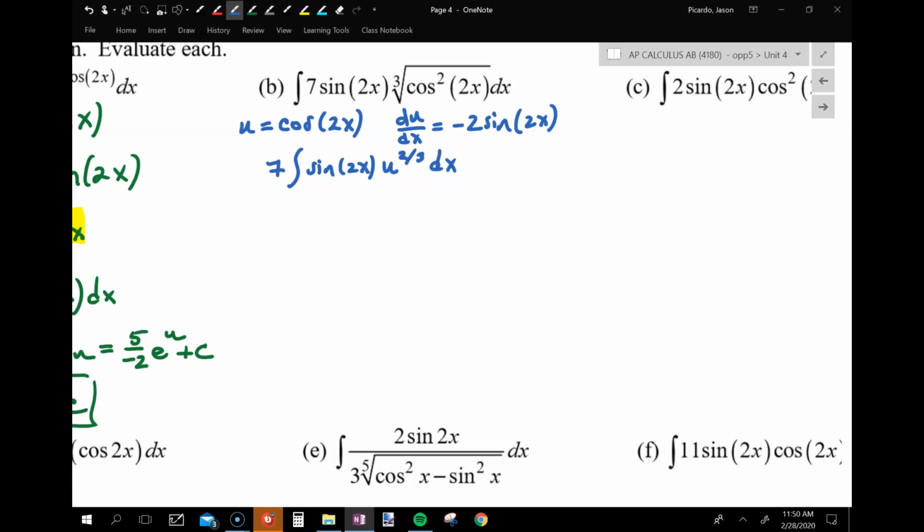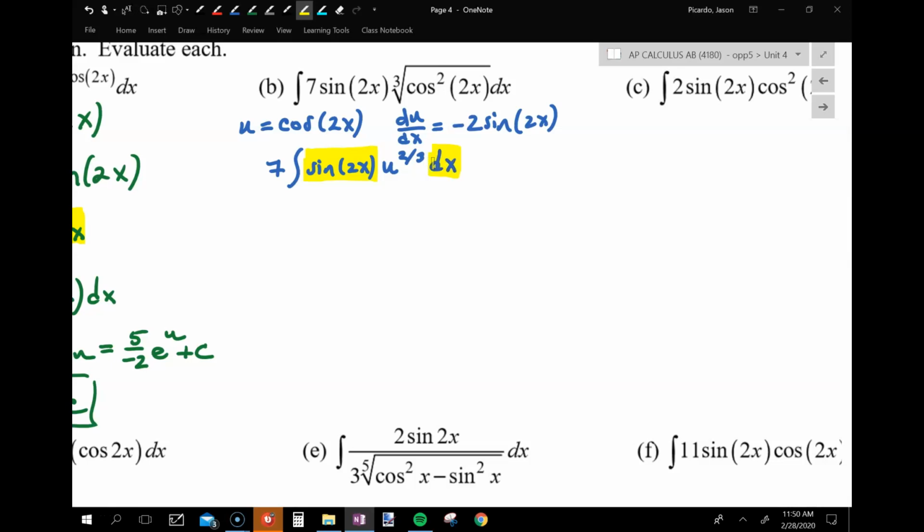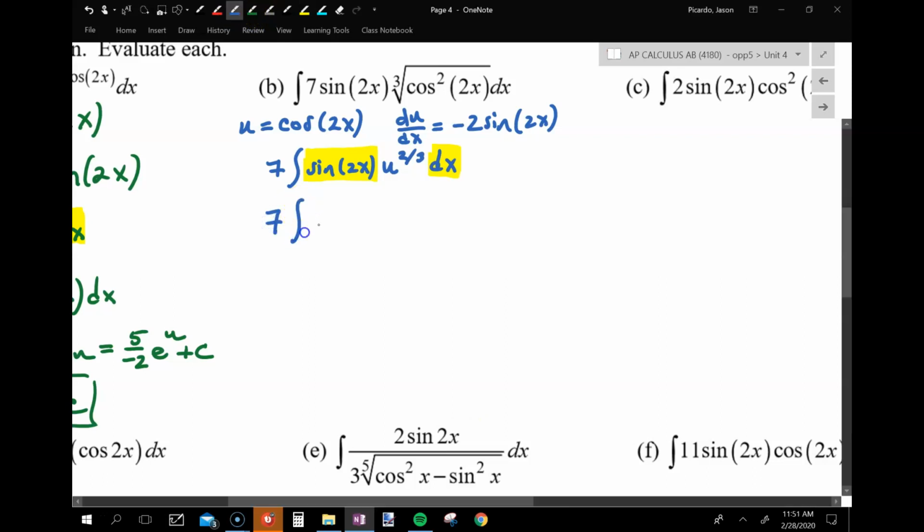All right, what am I trying to do, guys? I'm trying to get this. Same exact scenario as the last problem.